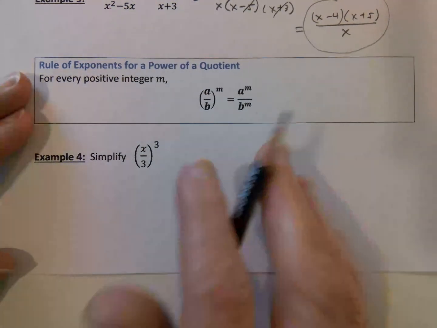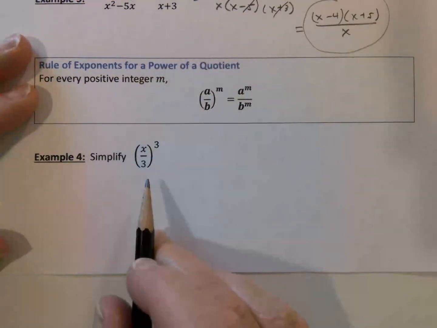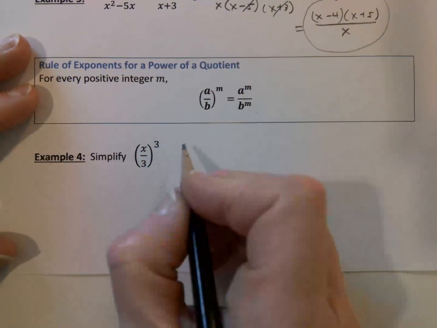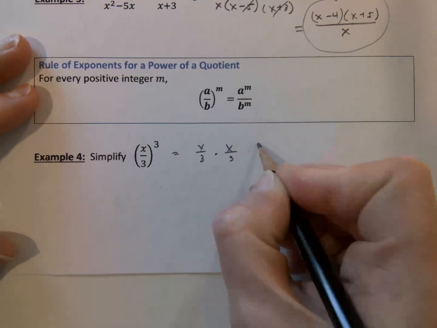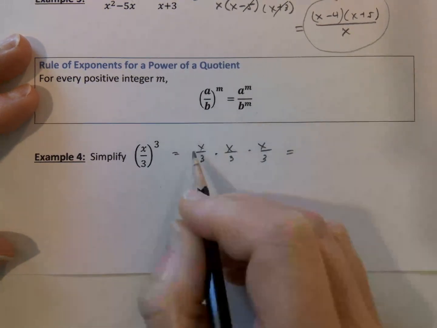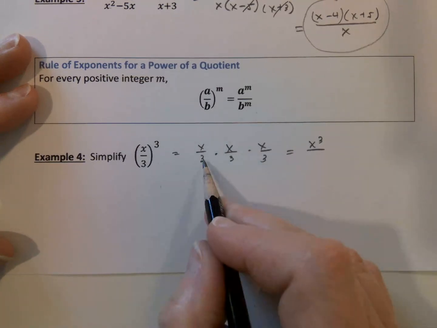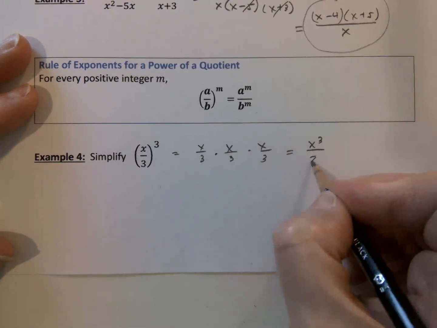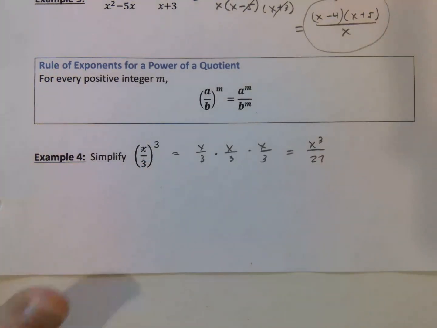If I have x over 3 to the third power, that's the same as x over 3 times x over 3 times x over 3. Well, this would be x to the third power. This would be 3 to the third power, or 3 times 3 is 9 times 3 is 27. So everything within the parentheses gets raised to that third power.